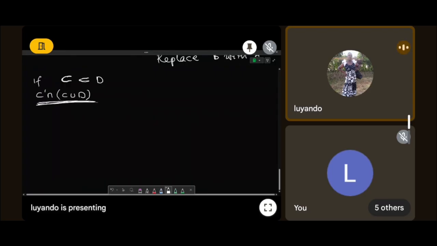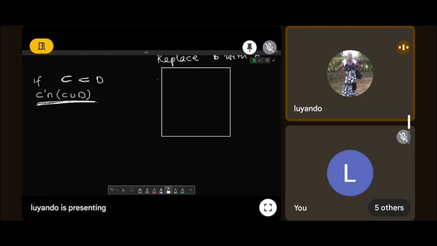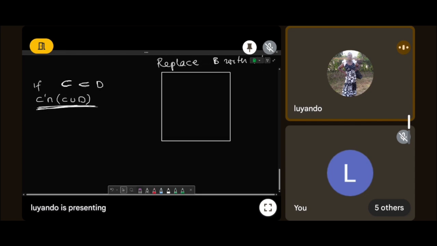Firstly, what we need to understand is what a subset is, what we mean when we say C is a subset of D. It's not actually an example, it's what the question is referring to.